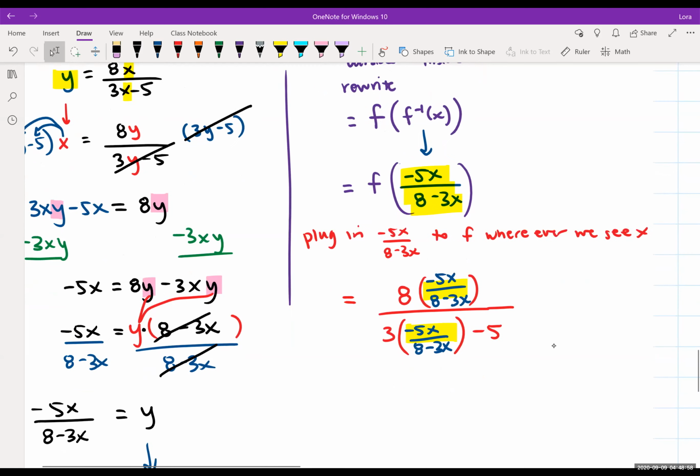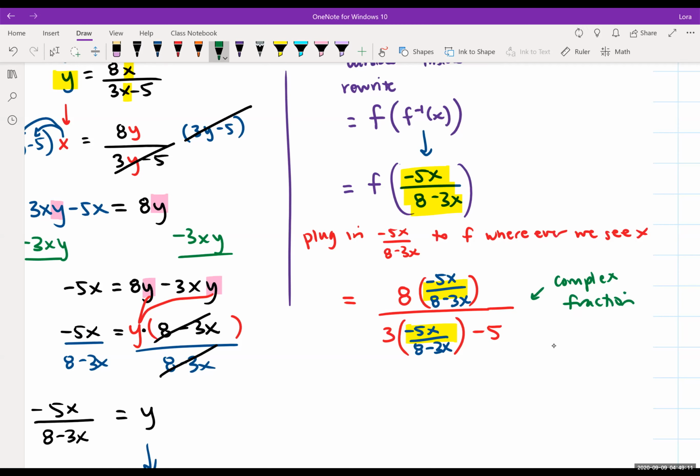The issue now is we're going to have to simplify. So we have ourselves a complex fraction, by the way. So keep in mind all the techniques we've played with in our past math courses. We're going to have to be able to simplify this.